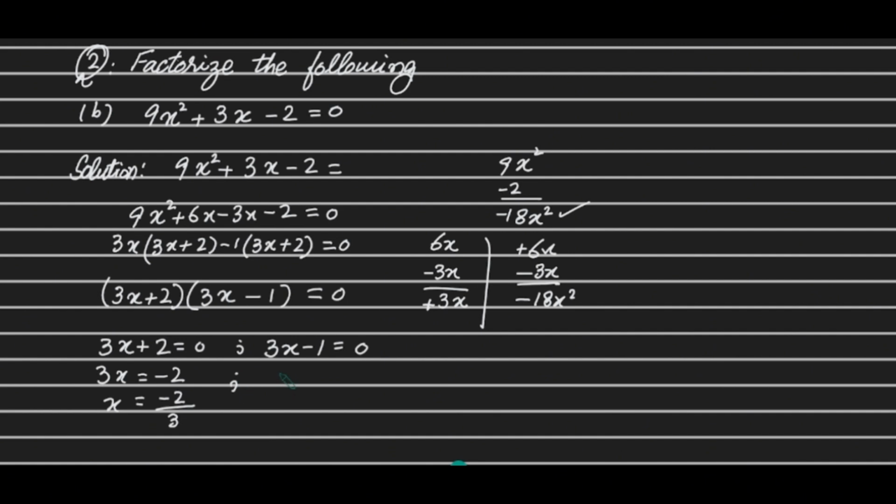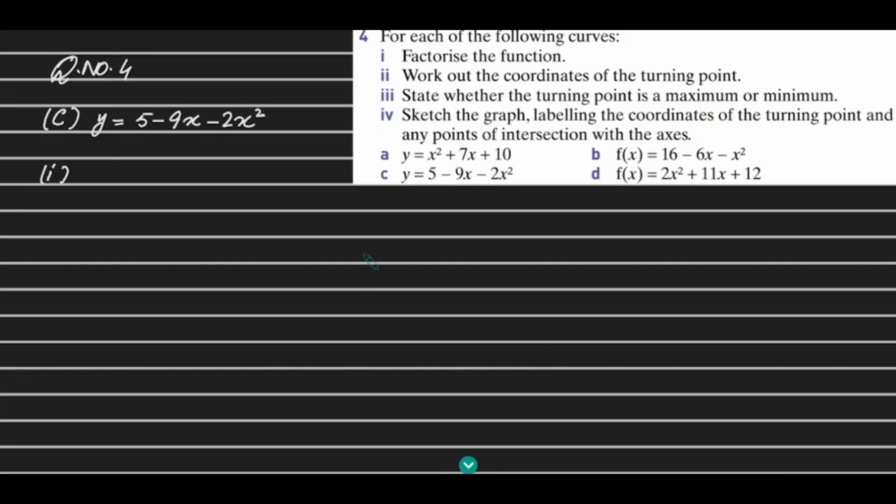And the second one, 3x equals 1, so x equals 1 over 3, because 3 is multiplied by x, on the other side it becomes divided by 3. So our solution set will be minus 2 by 3, comma 1 by 3. This is the answer.